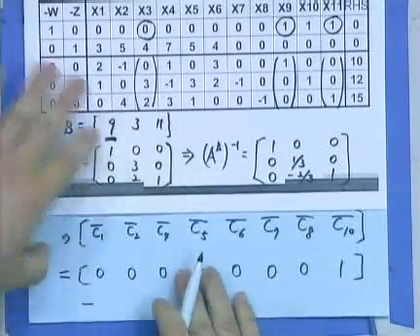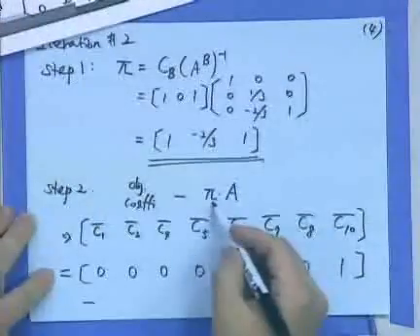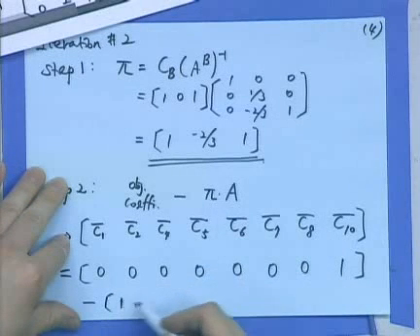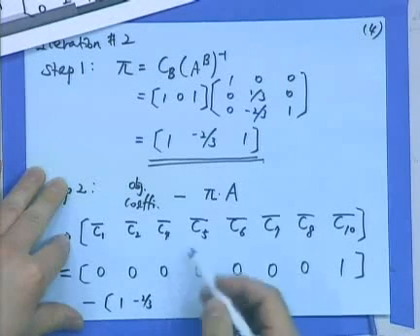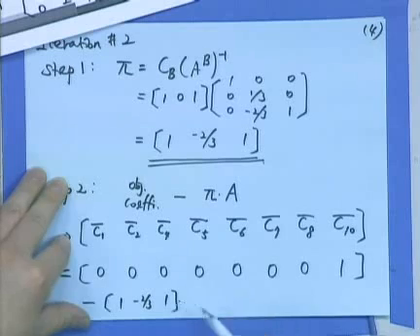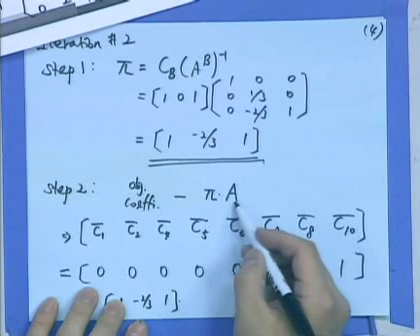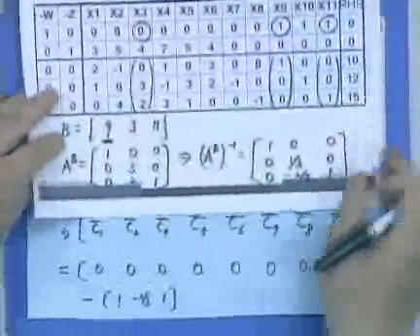Minus the simplex multiplier vector 1, negative 2/3, and 1 times the A matrix constraint coefficient for all these non-basic variables. Okay?